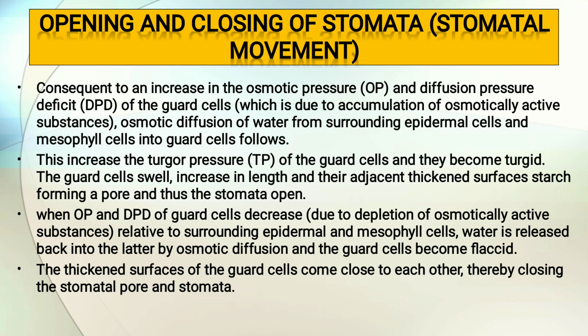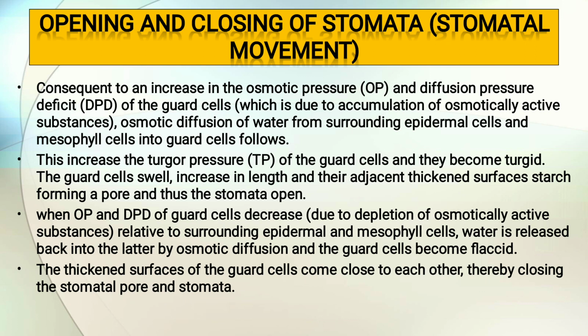When the osmotic pressure and diffusion pressure deficit of the guard cells decrease due to the depletion of osmotically active substances relative to the surrounding epidermal and mesophyll cells, water is released back into the latter by osmotic diffusion and the guard cells become flaccid.